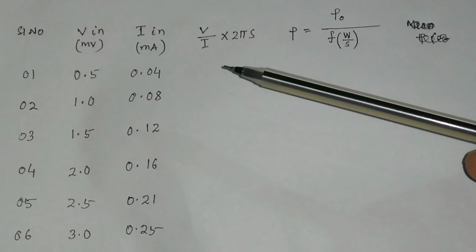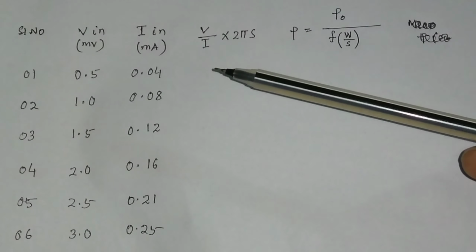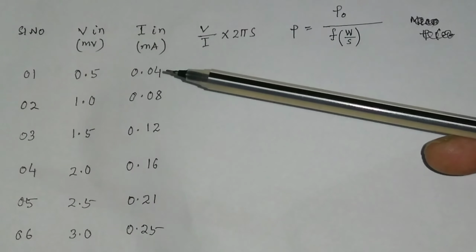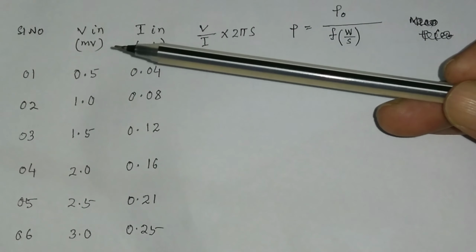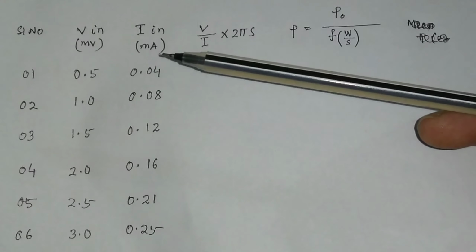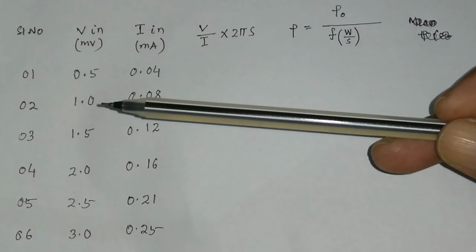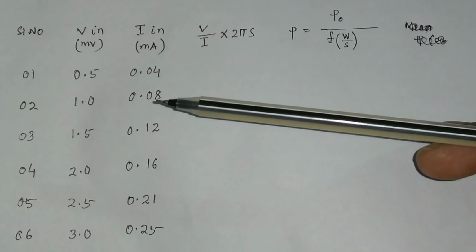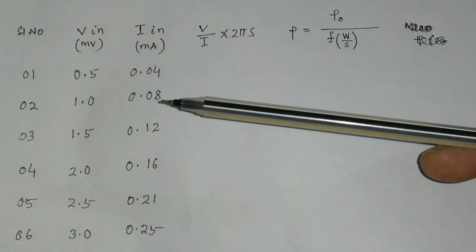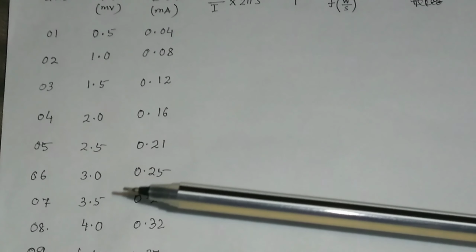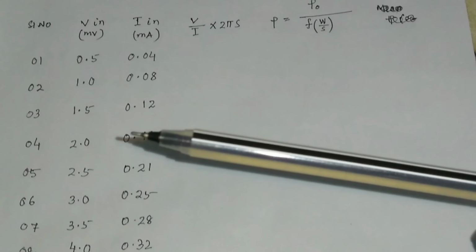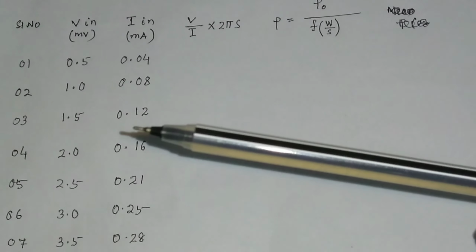So at room temperature, that is 29.3 degrees centigrade, we have found the following data: at potential 0.5 millivolt, the current is 0.04 milliampere, and at 1 millivolt, the current is 0.08 milliampere. So I got these values of voltage and the corresponding current.